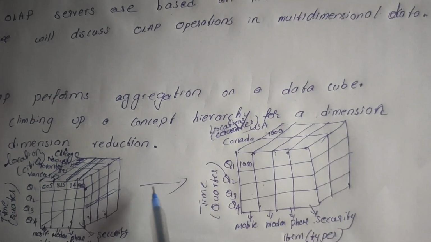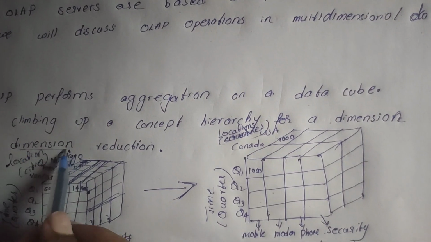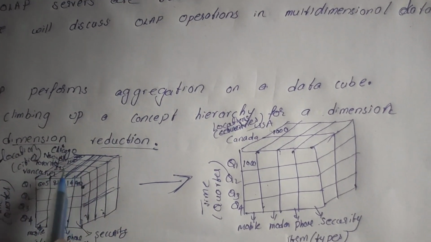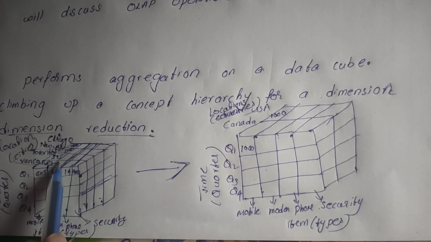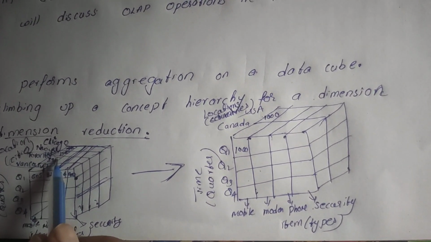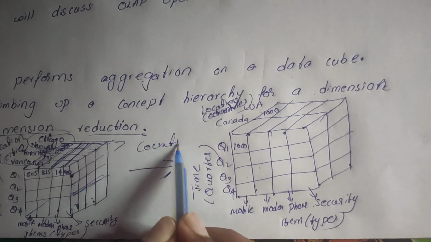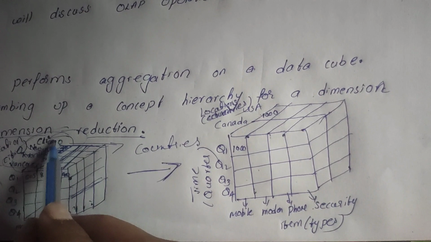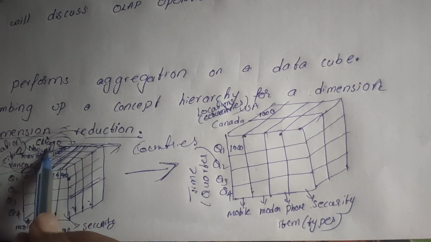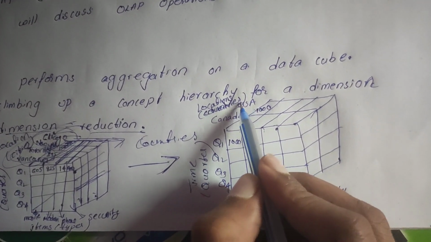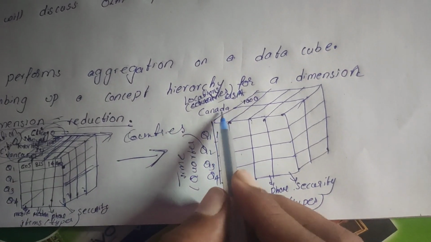On performing the roll-up operation, the dimensions are reduced. The cities are reduced to countries: Chicago and New York come under the USA, and Toronto and Vancouver come under Canada.